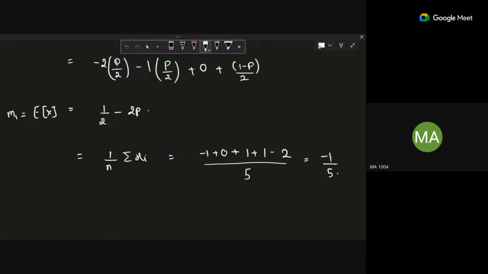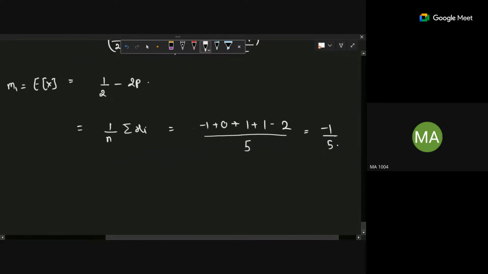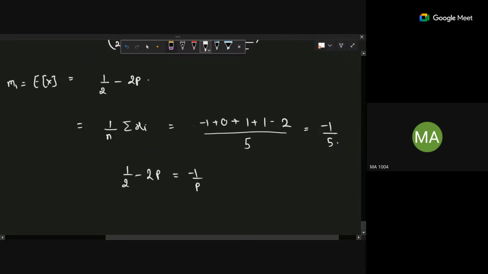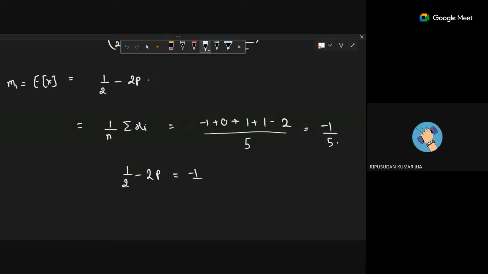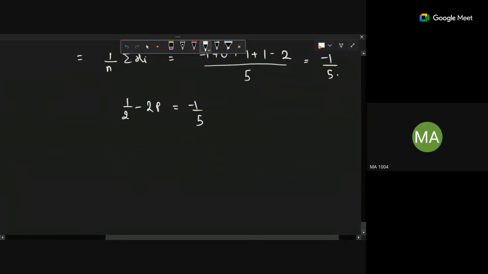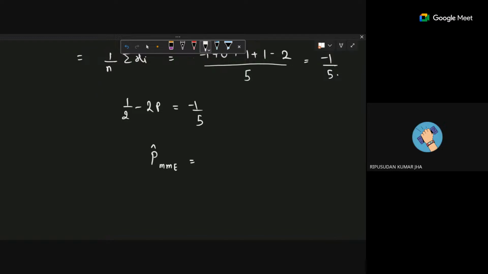So we'll equate both of these and we'll get the value of p, and that is our method of moments estimator. This is again a calculation part, so I'm just writing directly: MME is -1 by 2 and then divided by 2.